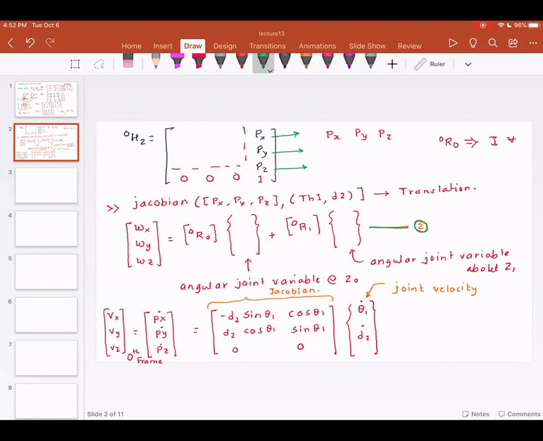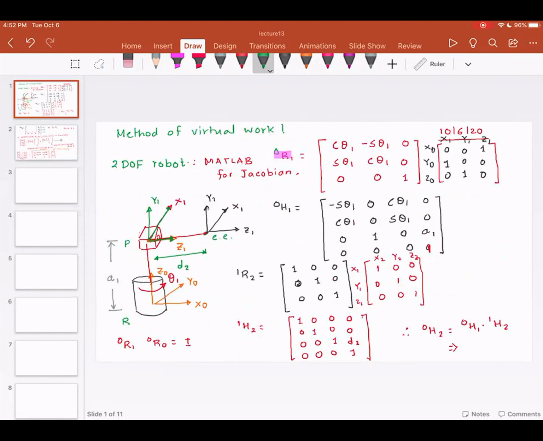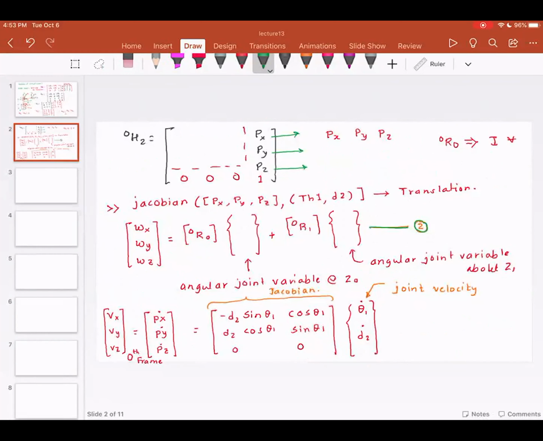Yeah, a1 is a constant, because a1 is the fixed distance between the zeroth frame and the first frame. That distance is not changing because there is no prismatic joint that would extend. So the derivative of a1 is actually 0. Any other questions?